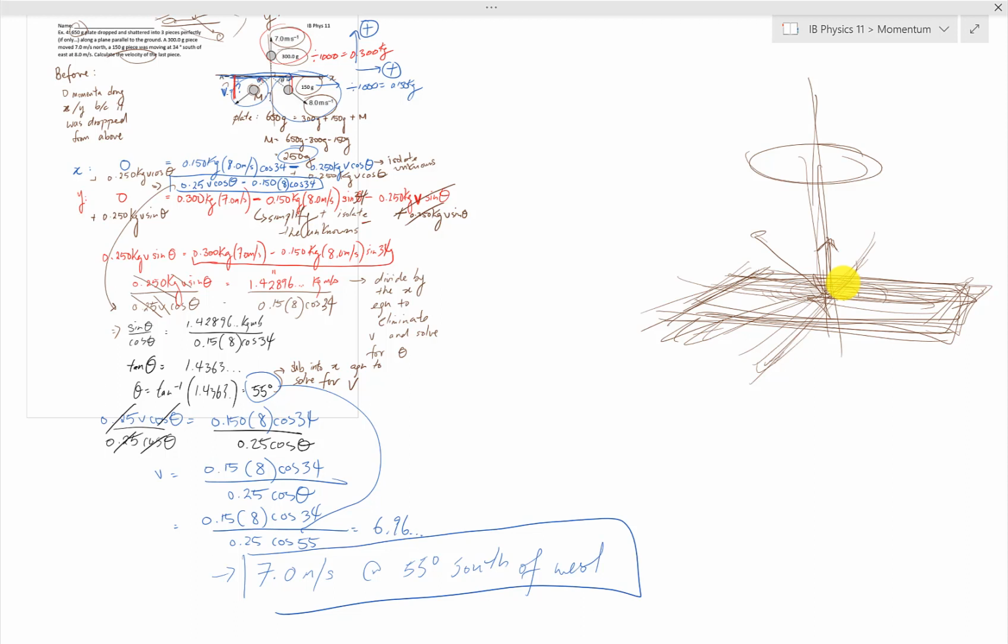If you can solve this problem without any help at all, you're absolutely ready to go. It is a tough problem. Notice that you have to apply not only what we learned in the last problem with the 0 momenta in the x and y direction, but also you had to substitute in tan theta equals sine theta over cosine theta, which we learned in the last video.